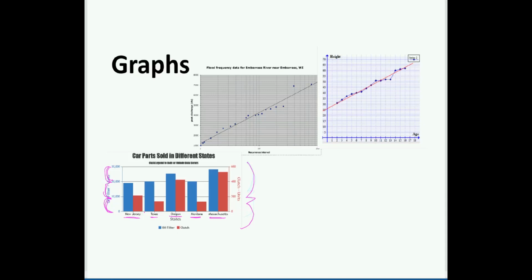You don't want to do 0, 5, and then 10,000, 20,000, 30,000. It doesn't make sense. On this side, they're going by 200, so the amount in between each one of these numbers is 200. Each side is labeled, including the x-axis, so that's really important.